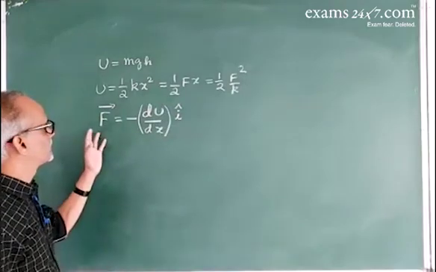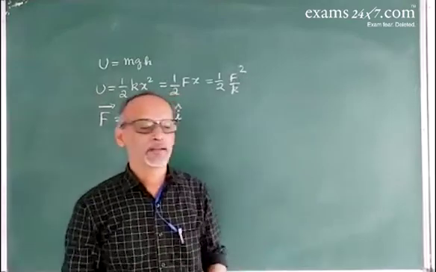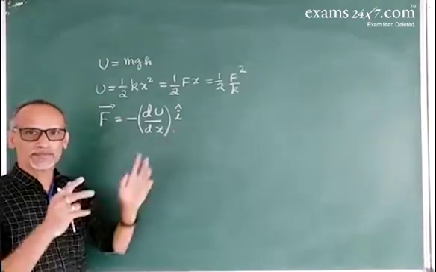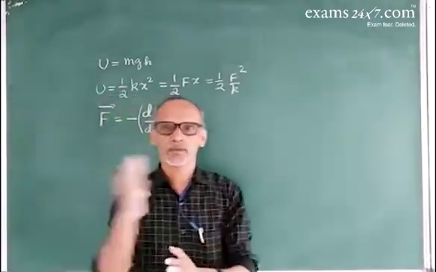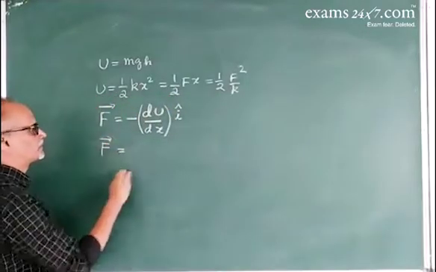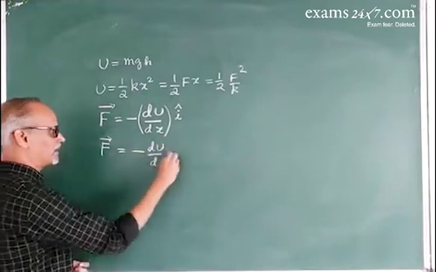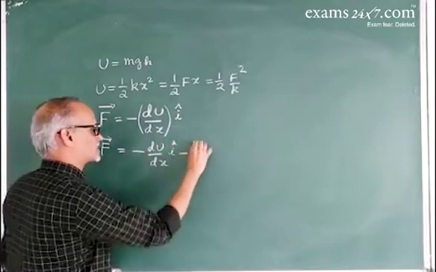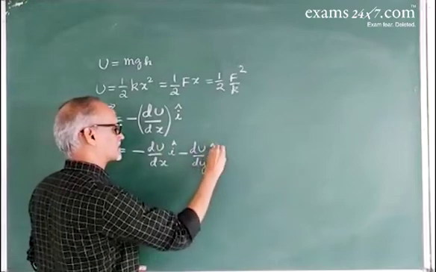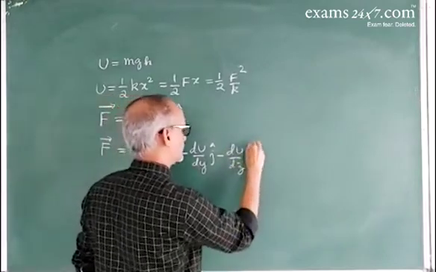Now, what if this force has components in three different directions? Here, it indicates that the force acts along the x-axis only. What if the force acts in such a way that it has an x component, y component, and z component? In that case, force is equal to minus the gradient along the x-axis, minus dU by dx, i cap, minus dU by dy along the y-axis, j cap, minus dU by dz, k cap.